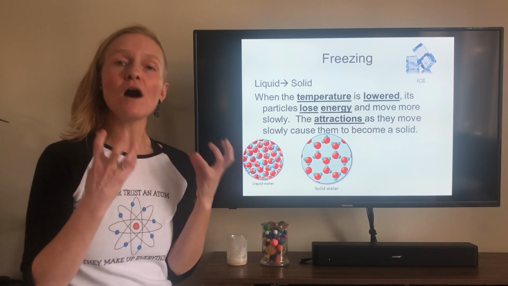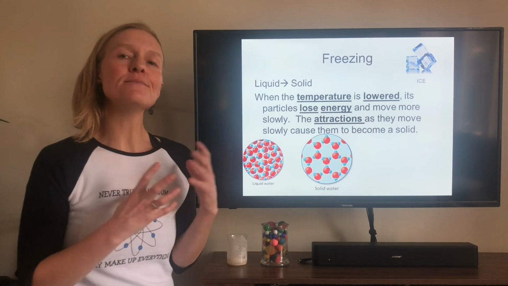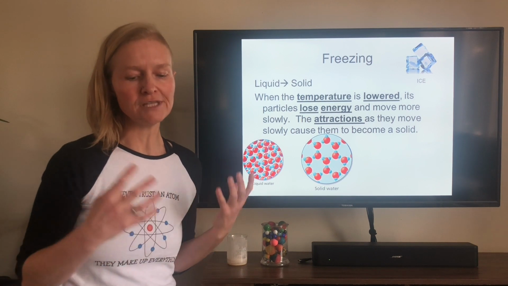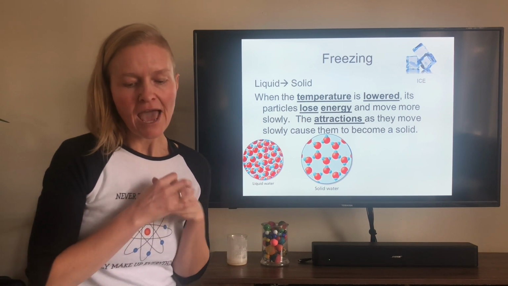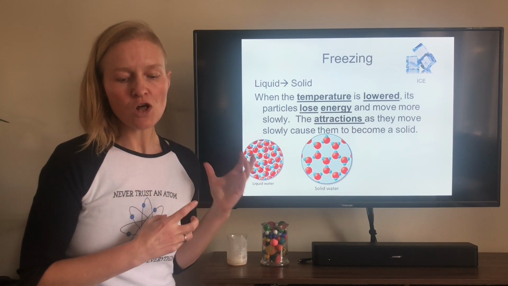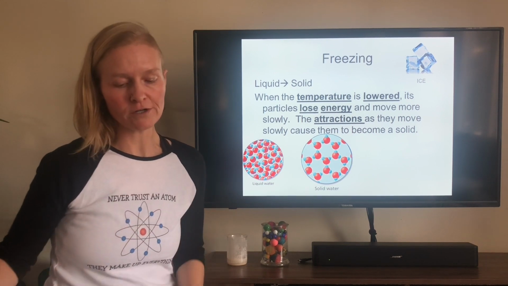We know that water is polarized, and so it acts a little differently than other liquids. Water freezes at 0 degrees Celsius. It's also the temperature that solid ice will turn back into liquid water.